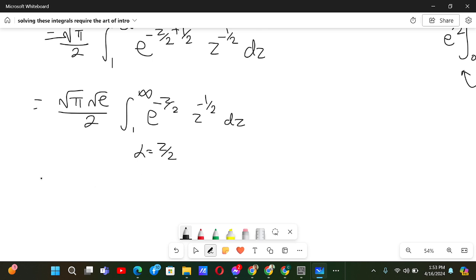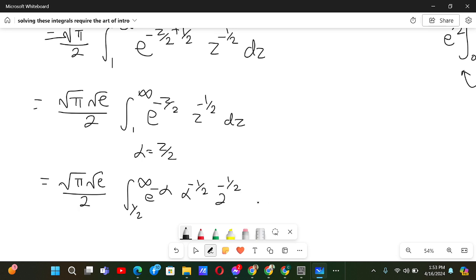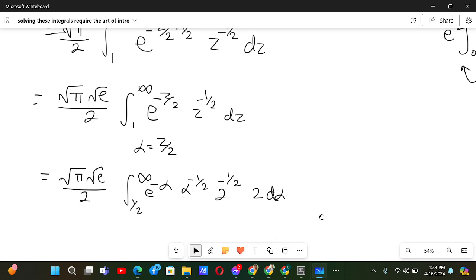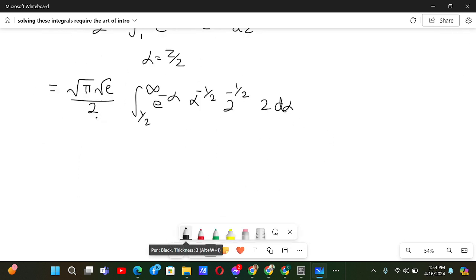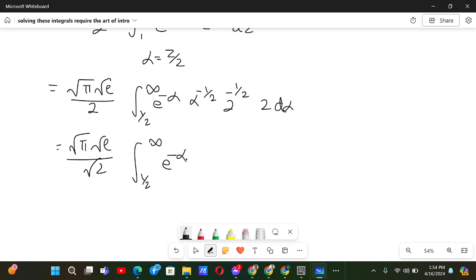That gives us root pi root e by 2, and this is integral from 1 by 2 to infinity e to the power minus alpha, and we get alpha to the power minus 1 by 2, and then 2 to the power minus 1 by 2, and this is 2 times d alpha. So this brings root 2 outside, that gives us root pi root e by root 2, integral from 1 by 2 to infinity e to the power minus alpha, alpha to the power minus 1 by 2 d alpha.